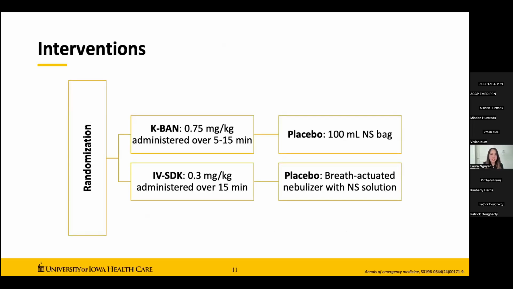For the interventions, patients were either randomized to receive nebulized ketamine at 0.75 mg per kg given over 5 to 15 minutes, plus a placebo of an IV solution over 15 minutes, or patients received IV ketamine at 0.3 mg per kg given over 15 minutes, plus a placebo nebulizer given over 5 to 15 minutes.